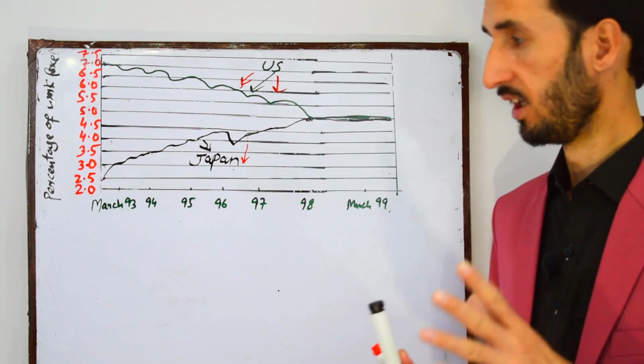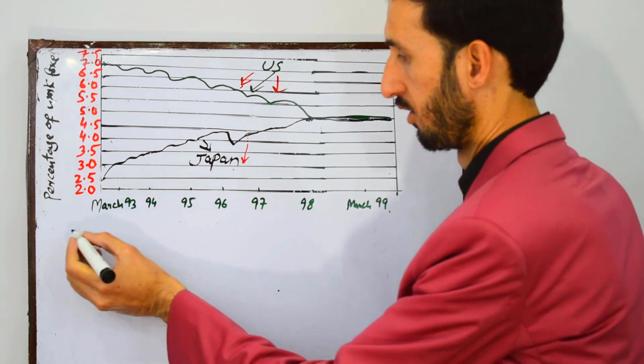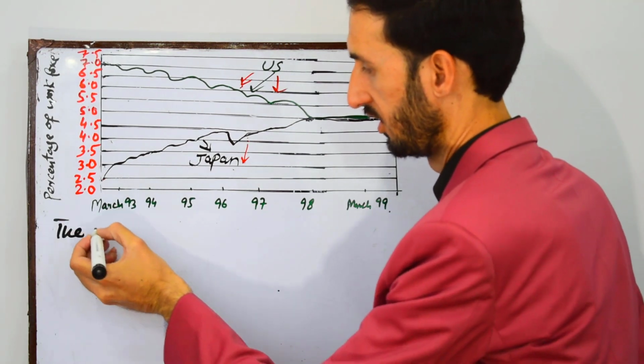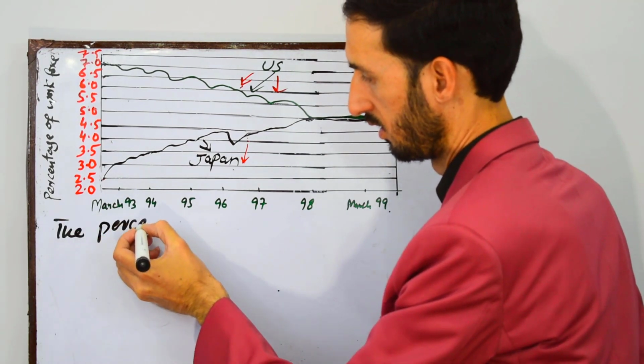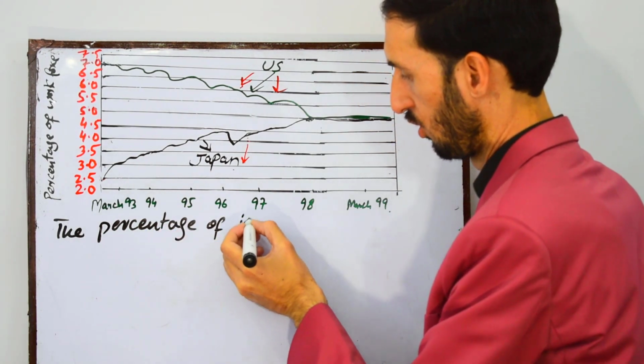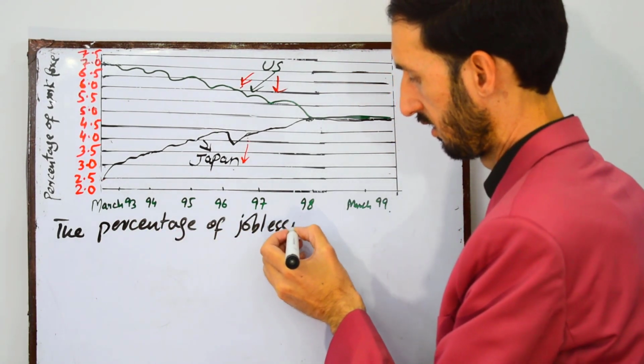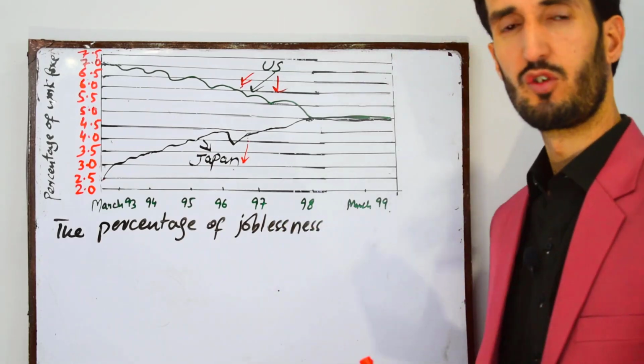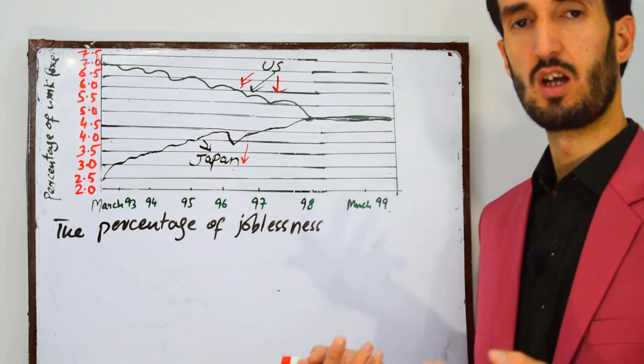So we'll write this. I'm starting from here. The percentage of joblessness. I've used the word joblessness here. It means unemployment.